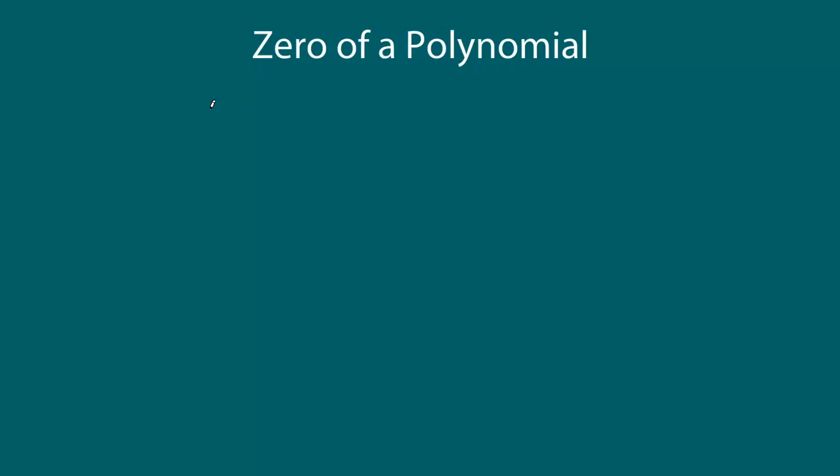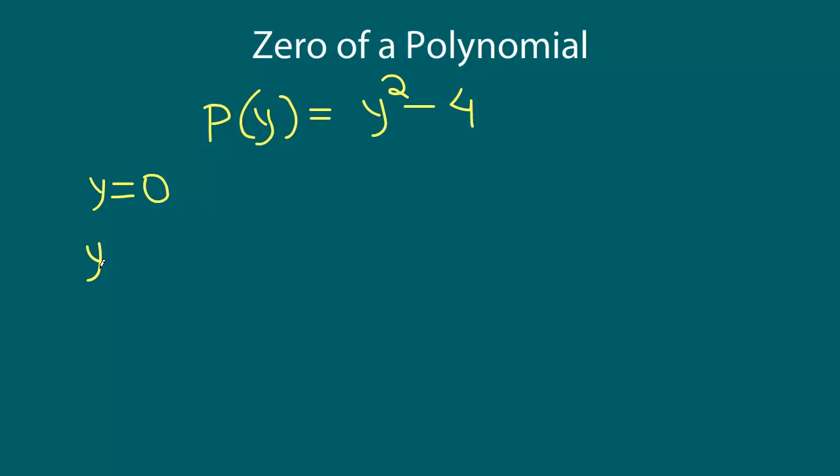Say our polynomial this time is defined in variable y, and we say this is y squared minus 4. We want to find out the value of the polynomial at y equals 0, y equals 2, y equals minus 2.